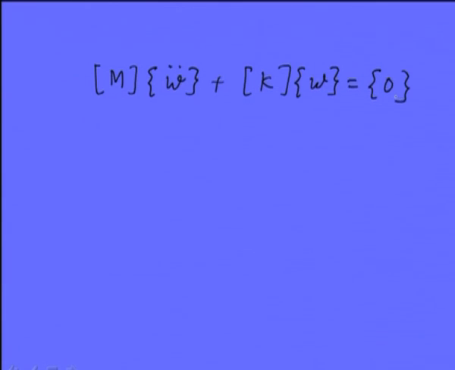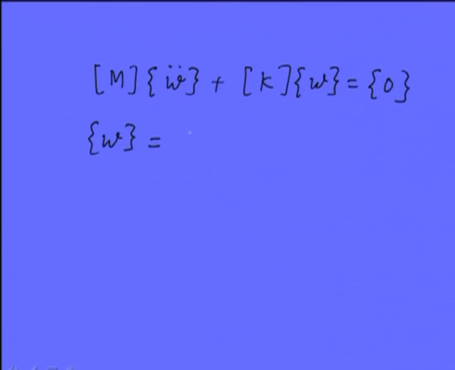So, once we have the system equation in this form, we can analyze for the free vibration, because in this case we have not considered any external force. So, now we will be solving the free vibration analysis of this.